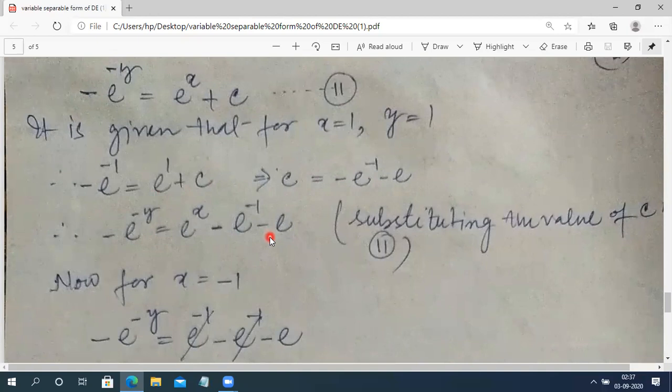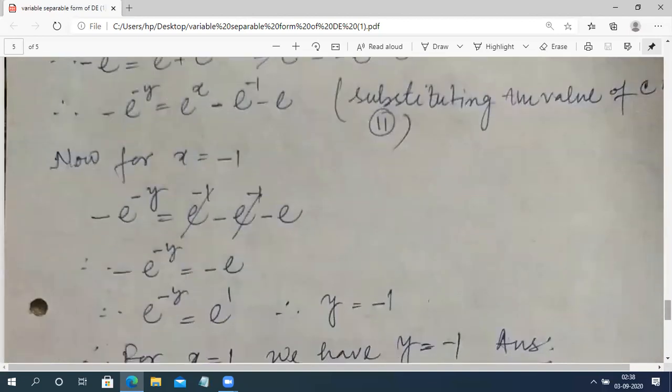Now the condition is find the value of y when x is equal to minus 1. So write it, x is equal to minus 1. When we write x is equal to minus 1, this e to the power minus 1 and negative e to the power minus 1 will get cancelled, and we'll have negative of e to the power minus y is equal to minus e. So the minus and minus will get cancelled, and we'll have e to the power minus y is equal to e. E means e to the power 1.